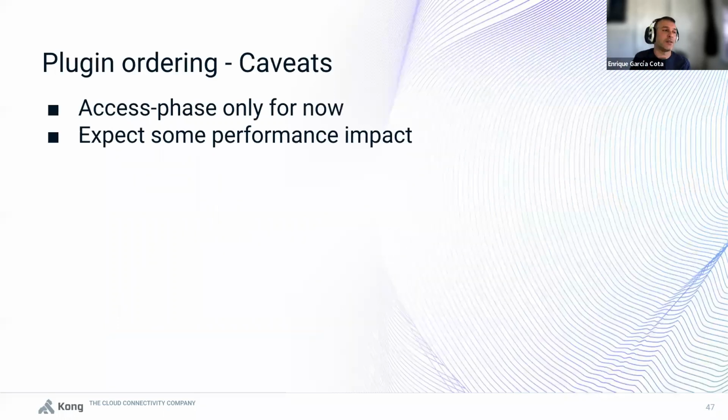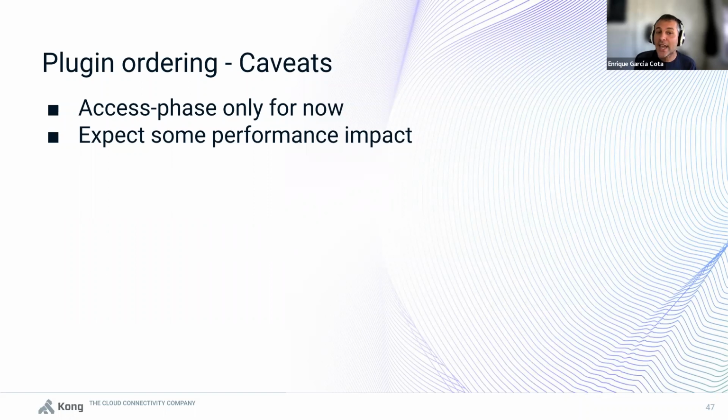The second drawback is that there will be some performance impact. As I said, we are still developing these features and we haven't measured exactly how much performance gets impacted here. But the plugins iterator will have to do more work in order to provide support for this new feature.